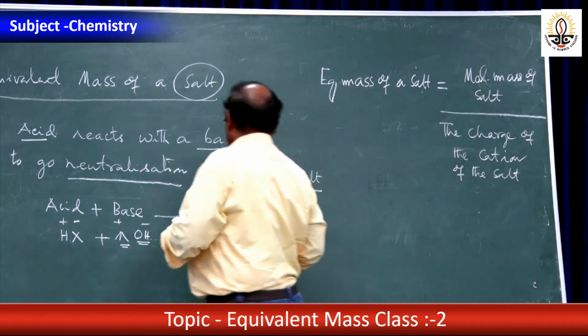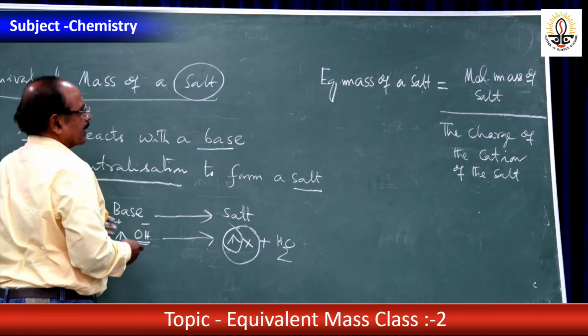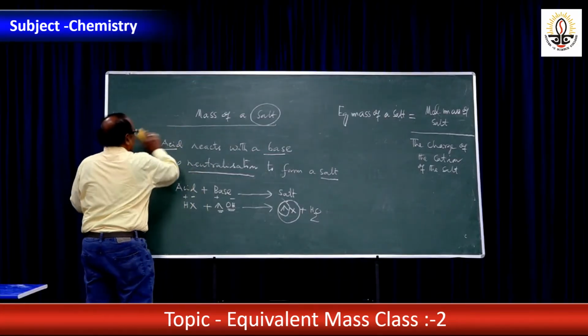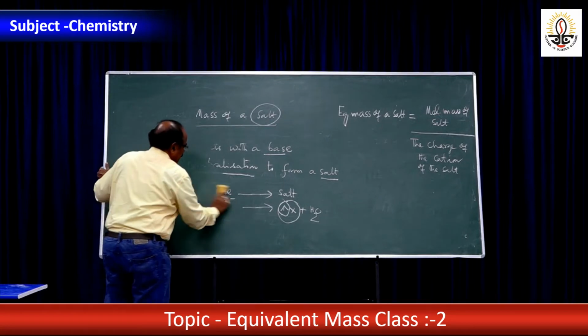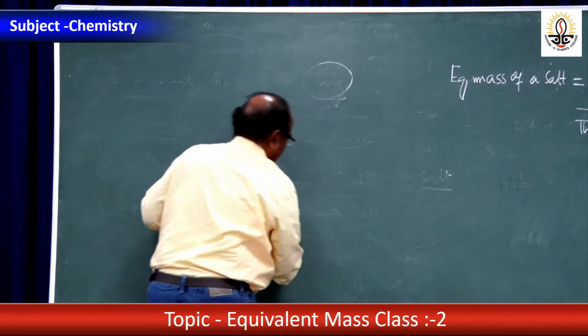Here the cation is M, the positive ion. Cation means positive ion. Let me give you an example here.